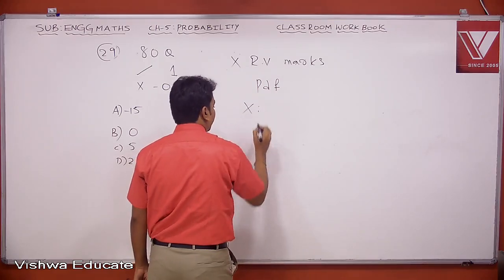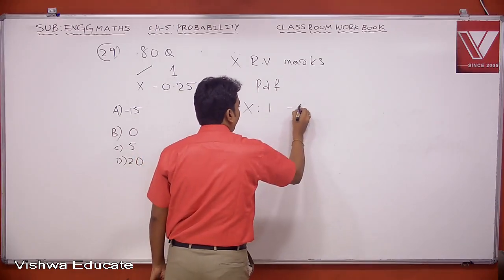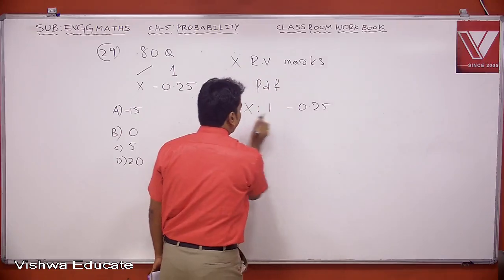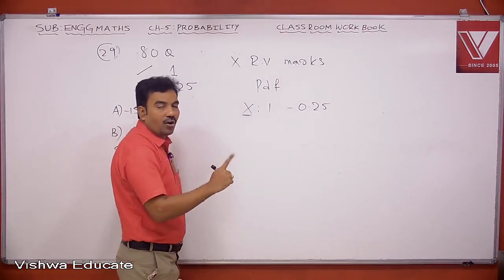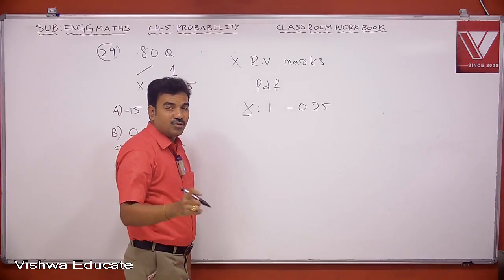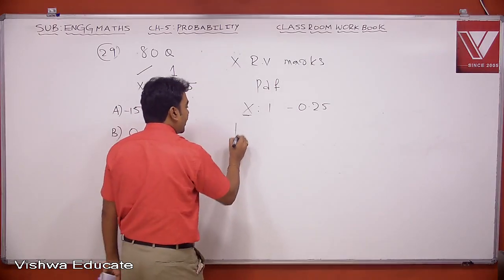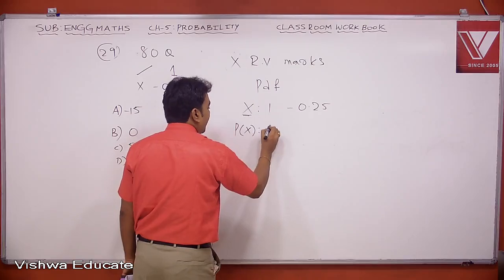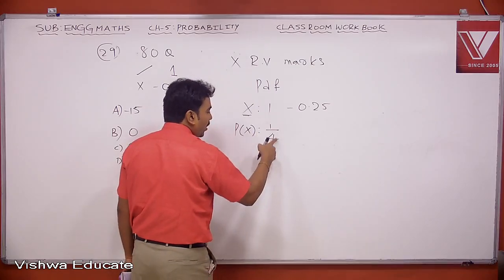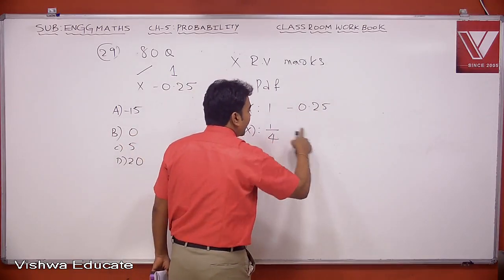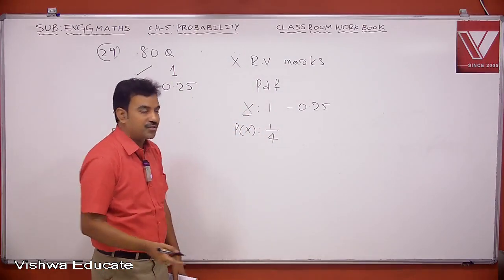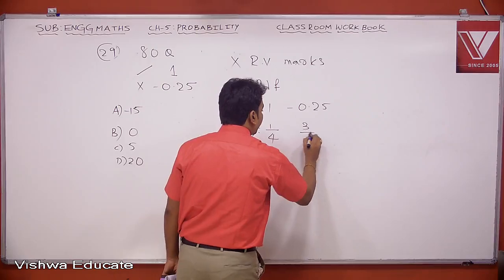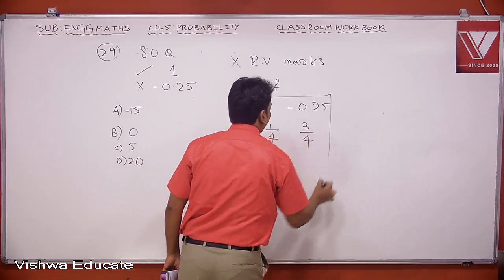X values are 1 and minus 0.25, because X represents marks; the student will get 1 mark if he or she attempts correctly. So only one is correct. The required probability is: 4 options are there, one has to be right, so one option out of 4. Therefore they will get minus 0.25 if they attempt any one of the 3 wrong options. Therefore 3 out of 4. This is the PDF of the random variable X.